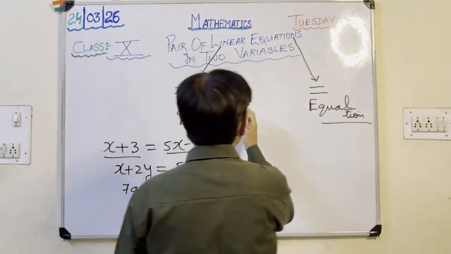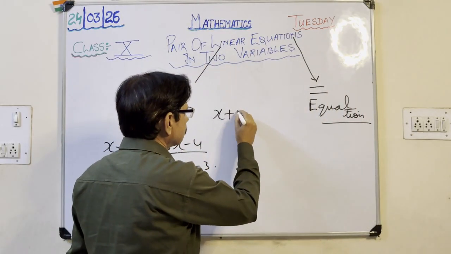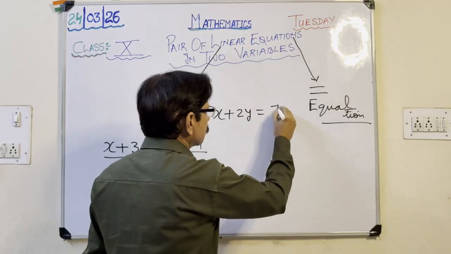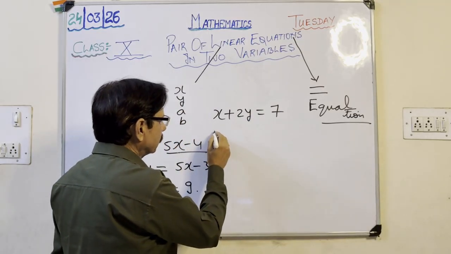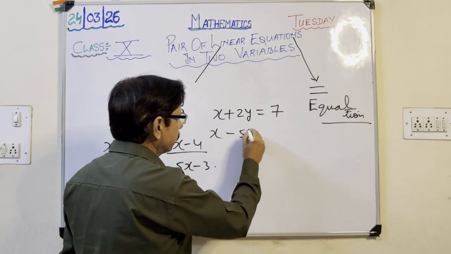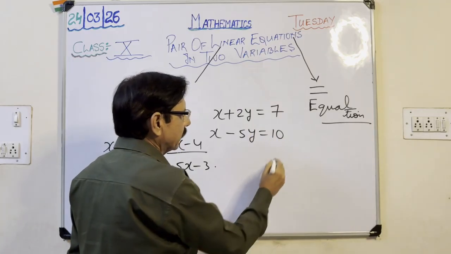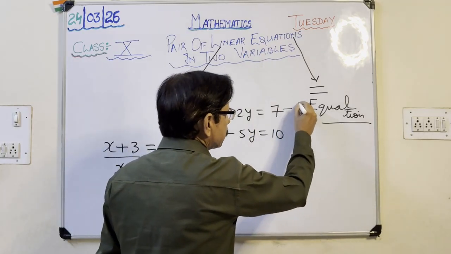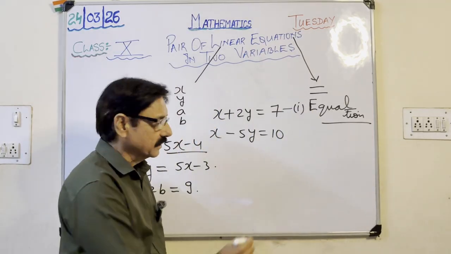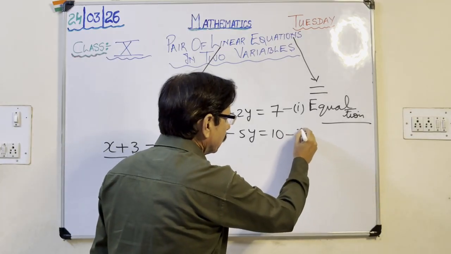Like if I write x plus 2y is equals to 7 and, say, x minus 5y is equals to 10. This is the first equation and this is the second equation.